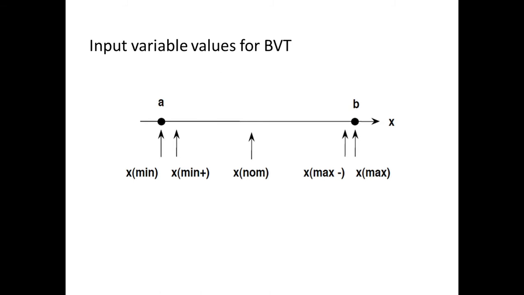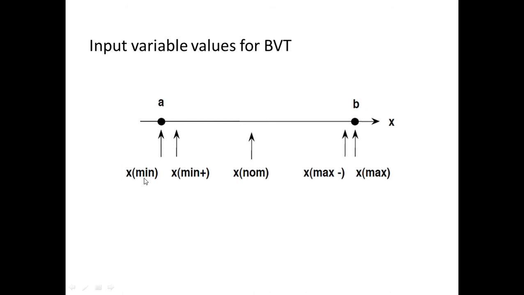So 1 to 10, you can see that 1 comes in the lower boundary and 10 comes in the upper boundary. So that is what the boundary value is. So you are considering only boundary values to write the test cases. So that is what they mean. Okay. So here you can see the values x minimum, x minimum plus.